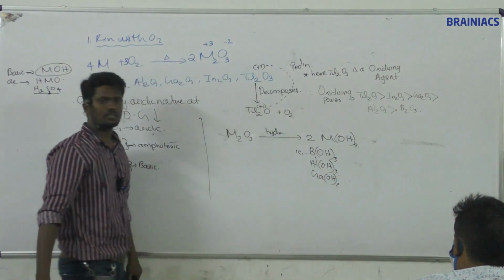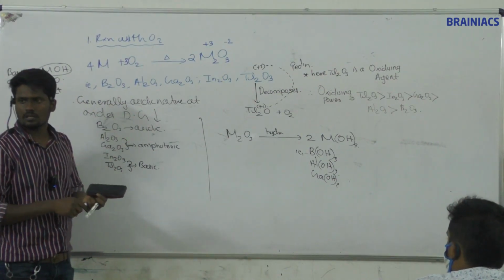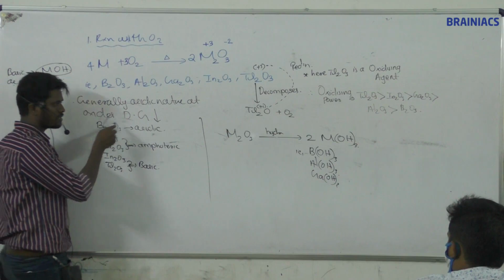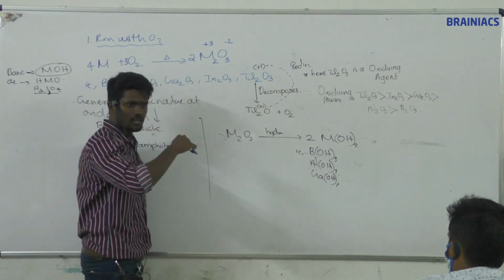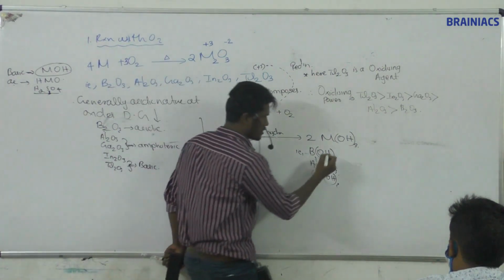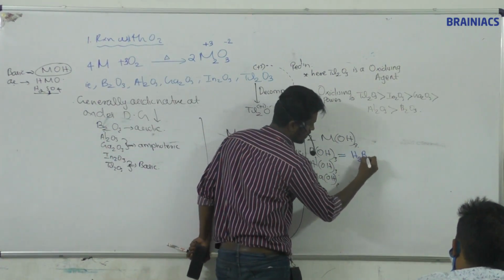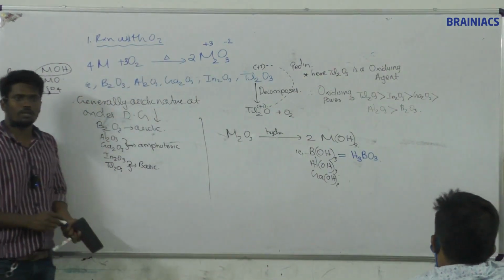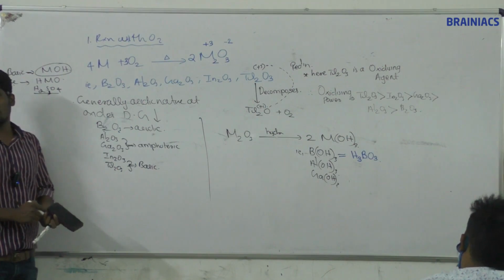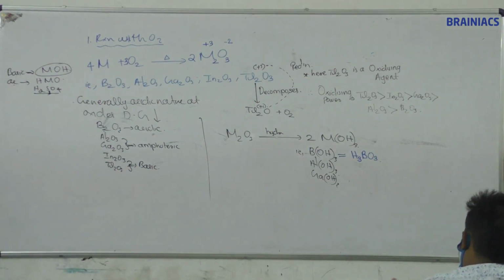Which is acidic here? B(OH)3 is acidic, which means B2O3 is acidic. The oxide and the corresponding hydroxide have the same acidic nature. So B(OH)3 is equal to H3BO3. What is H3BO3? Simply B(OH)3, the hydroxide of boron. H3BO3 is orthoboric acid.